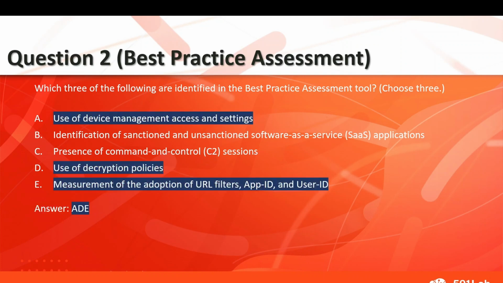Then the answers for question number 2 are as follows. A, use of device management access and settings. D, use of decryption policies. E, measurement of the adoption of URL filters, App-ID, and User-ID.